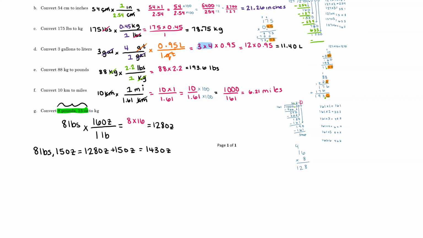Again, you could convert to all pounds or you could convert to all ounces, but you would end up having to divide and you'd have a decimal right off the bat. So let's start with 143 ounces.